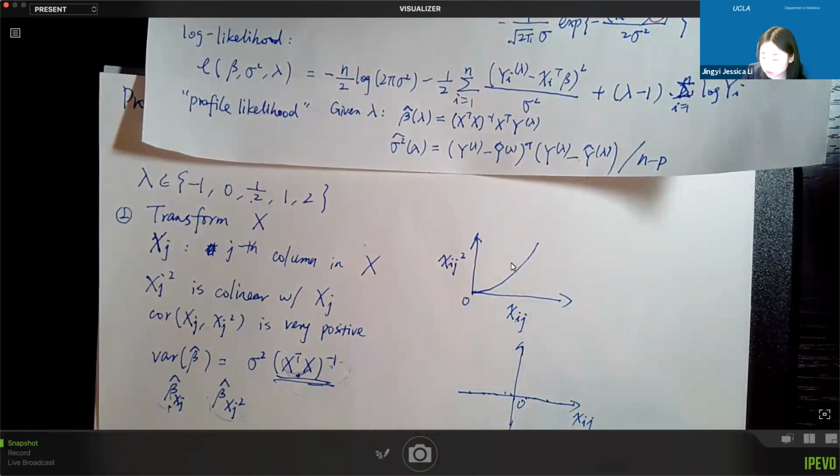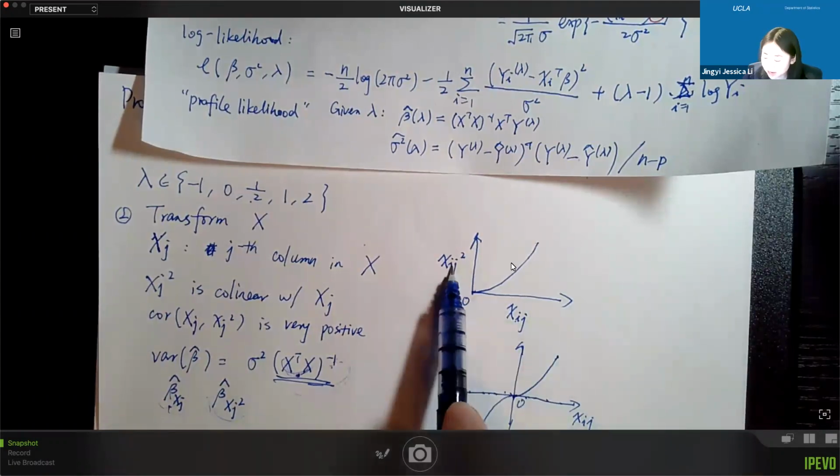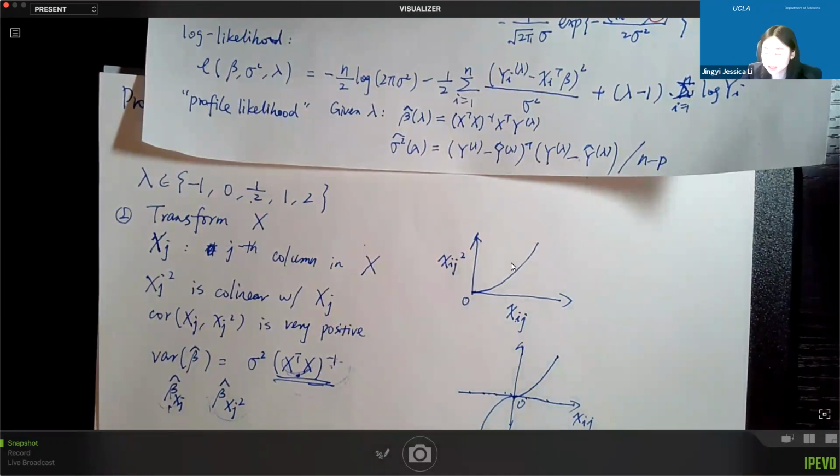And then when you do the quadratic transformation, you keep the sign. So this will be for the positive part, this will be for the negative part. So in other words, your transformed xij squared will carry the same sign as the xij. And you do the transformation after you centered the n entries in the j column.